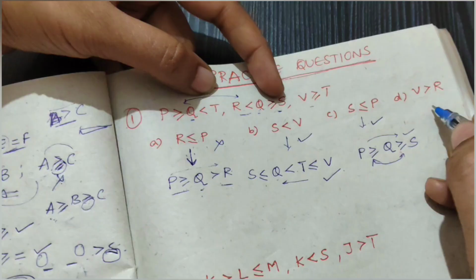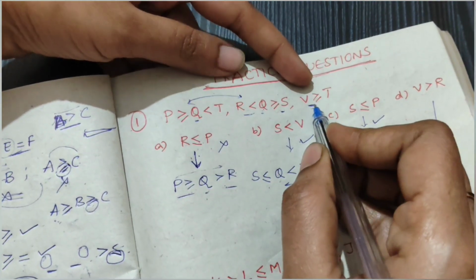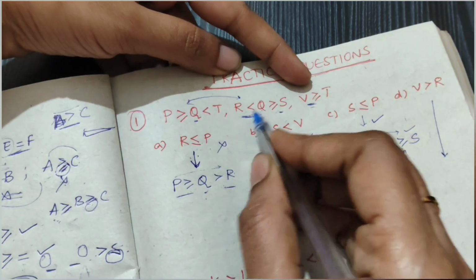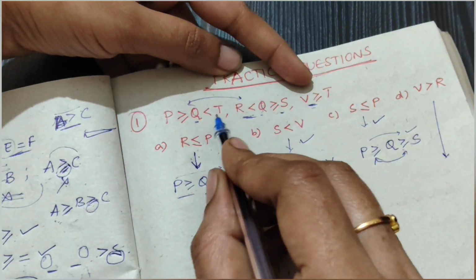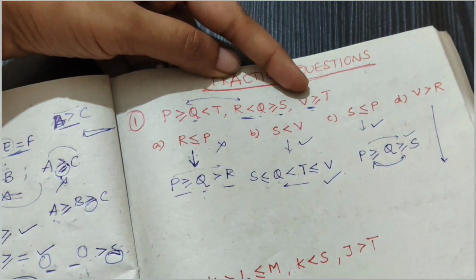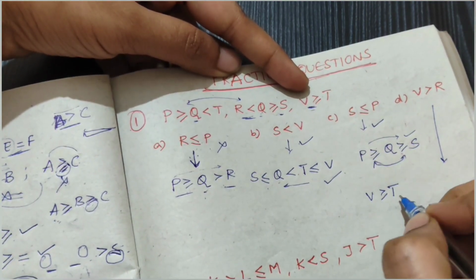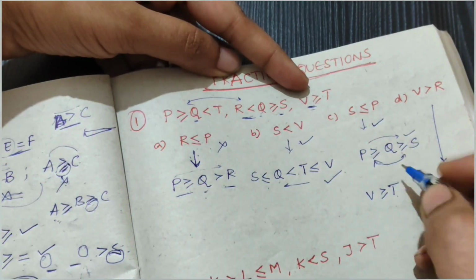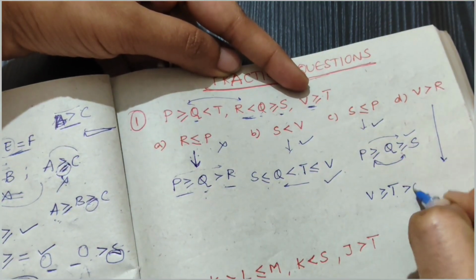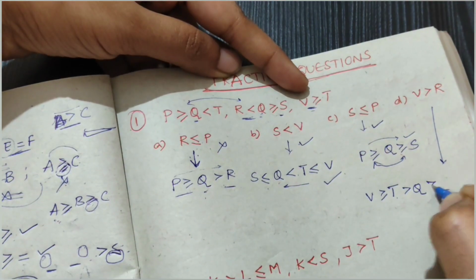Now for v greater than r, we will combine this statement with r and q, because it goes v, t, q, r. So v greater than or equal to t, q less than t which means t greater than q, and r less than q means q greater than r.